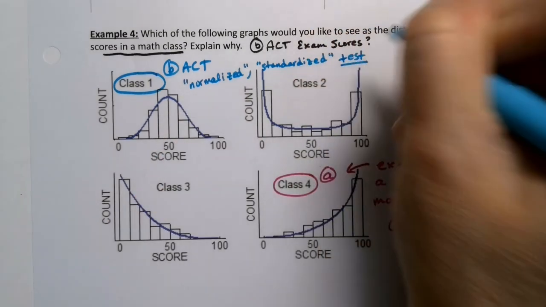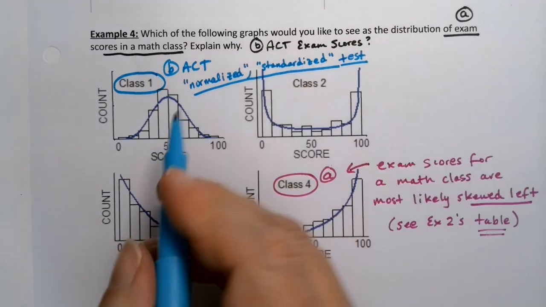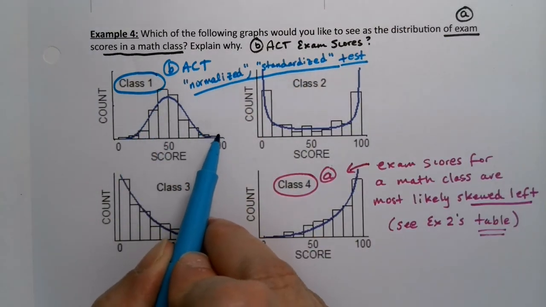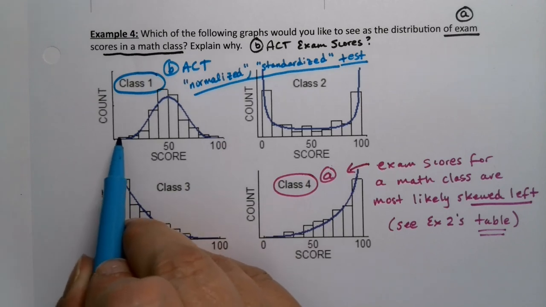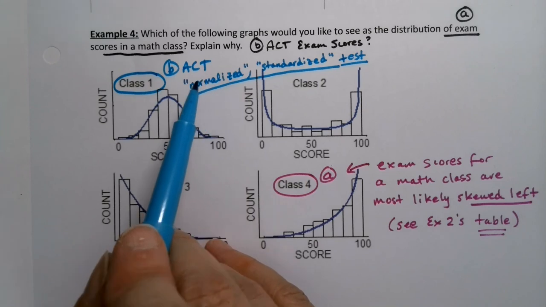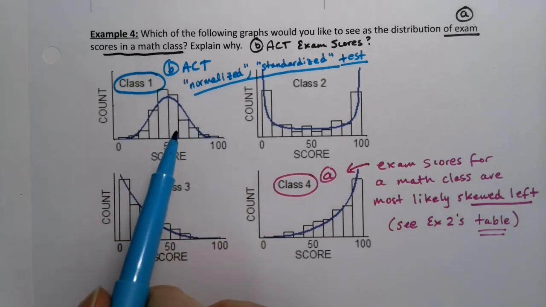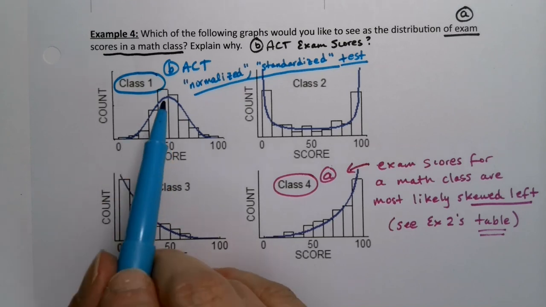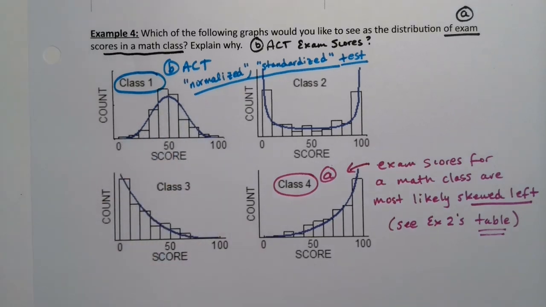If it's a standardized test, it's designed to have this kind of shape. Very few people on the very highest end, but also very few people on the lowest end, and most people in the middle. The ACT is like that. The SAT is like that. The IQ test is like that. Lots of tests are standardized or normalized, and they will have this shape to them.